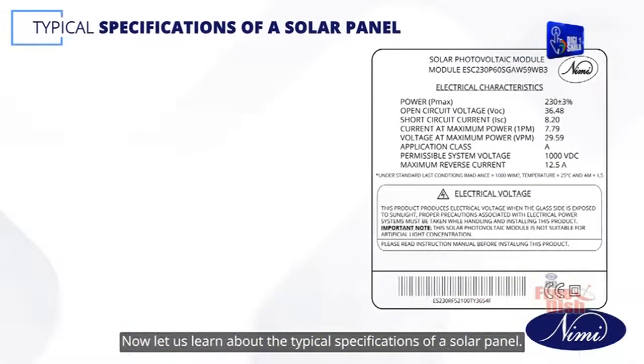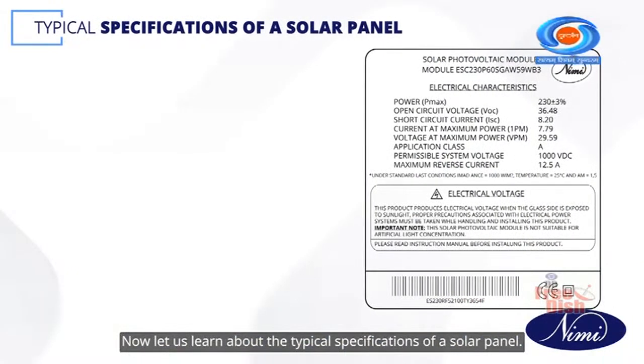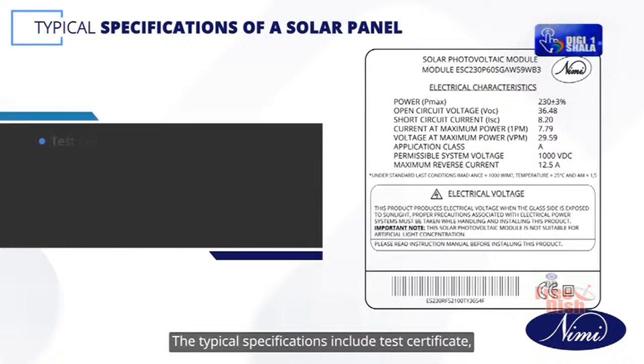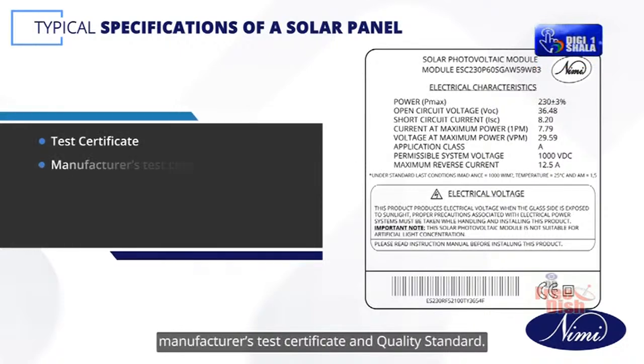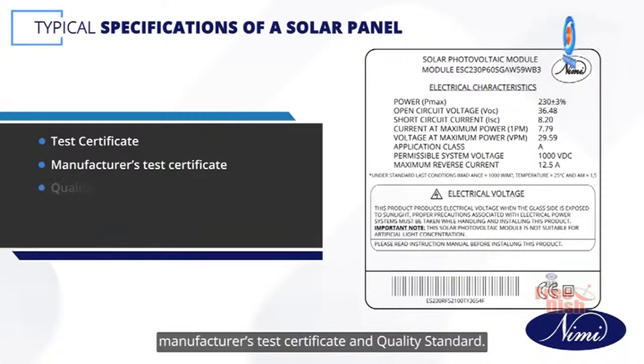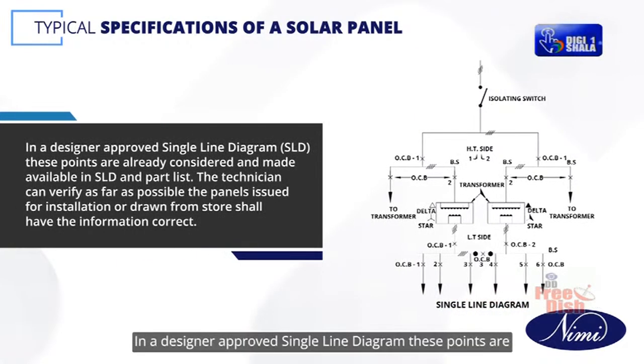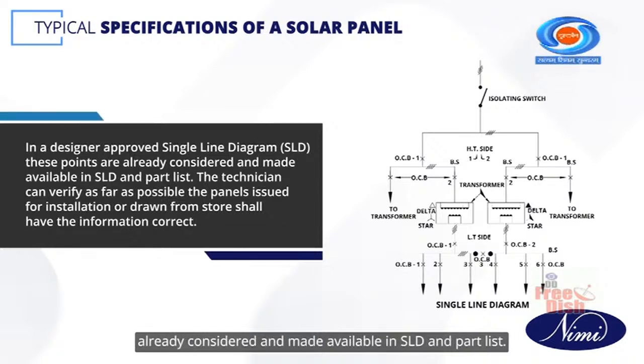Now let us learn about the typical specifications of a solar panel. The typical specifications include test certificate, manufacturer's test certificate and quality standard. Backside of the solar panel. In a designer approved single line diagram, these points are already considered and made available in SLD and part list.